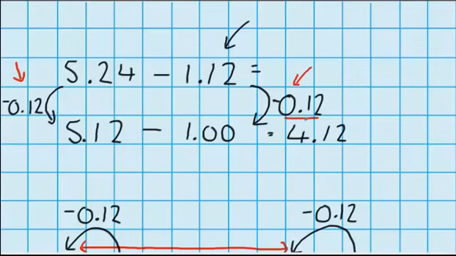So in this example, this number got smaller by 0.12, so this number also had to get smaller by 0.12. And when you've done that, you should be left with an easier question that looks like this. It's easier because this second number here will be made up of just whole numbers, no tenths and no hundredths.